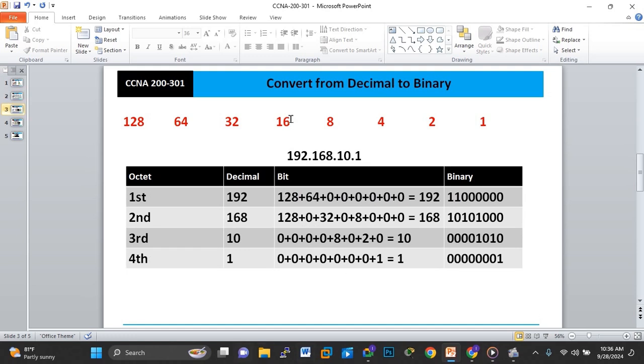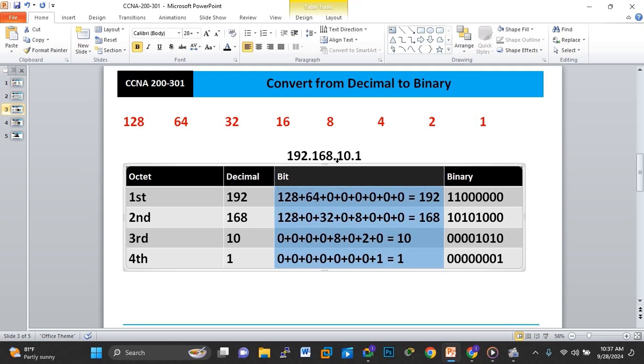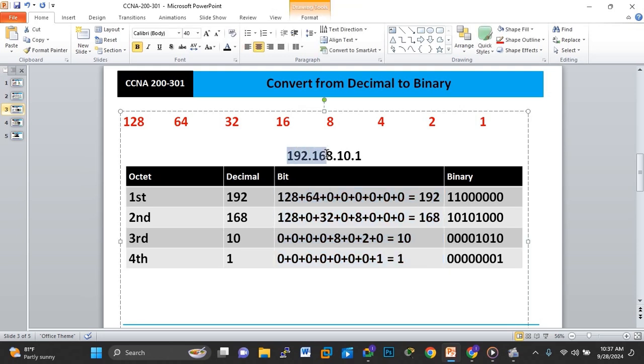So for an example, how does this conversion happen? Converting now from decimal to binary. One thing you need to be aware of: we now have the IP address given here, 192.168.10.1.